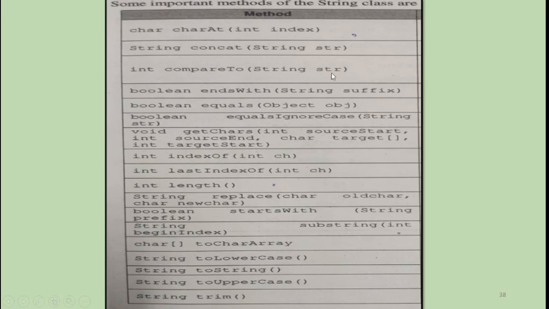So here we have passed the value of str, and if the current string with which you are doing the comparison is less than this str, then it returns a negative integer. It returns 0 if two strings are identical, and it returns an integer value greater than 0 if the current string is greater than this str string.